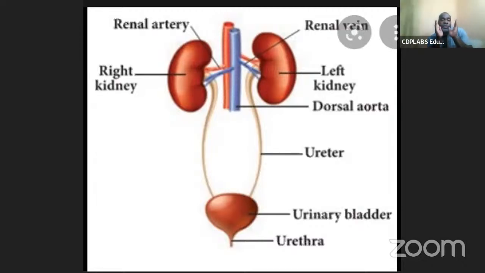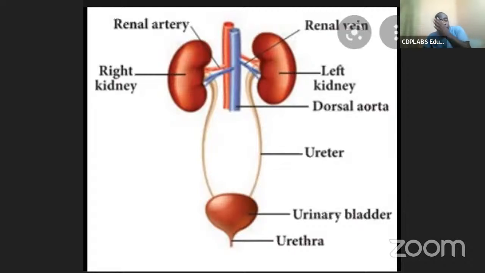So when you say renal vein, because you know what a vein does, you have the answer. When you hear artery, you know what arteries do. But it's blood from the kidney. So the word renal there is used as an adjective, and the word artery is used as a noun.